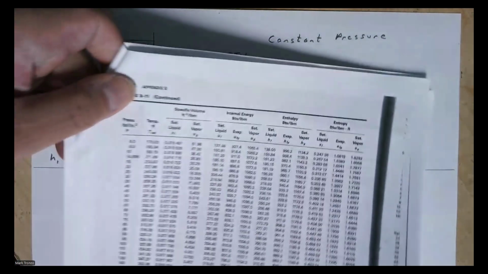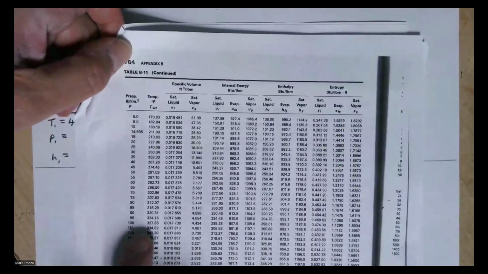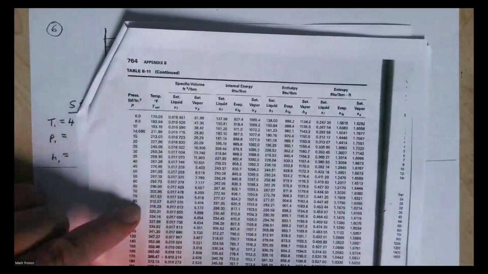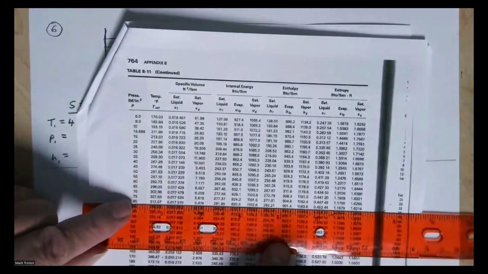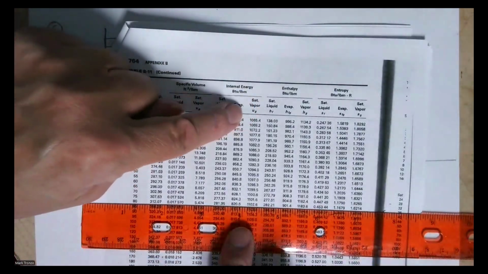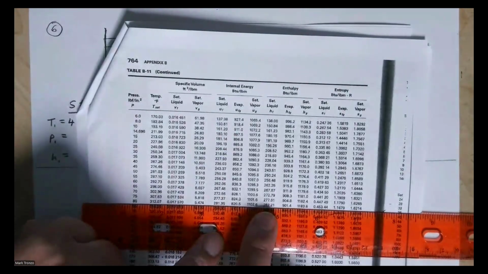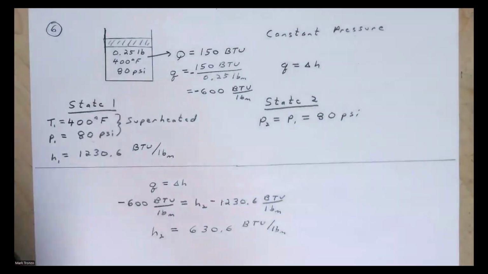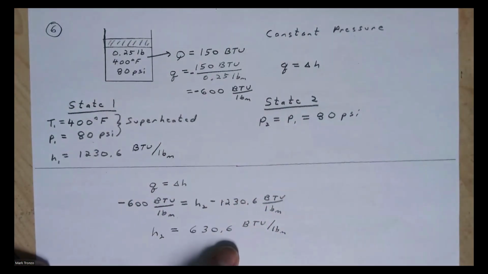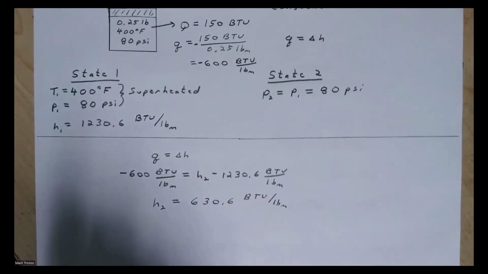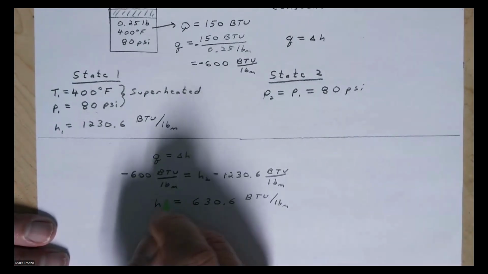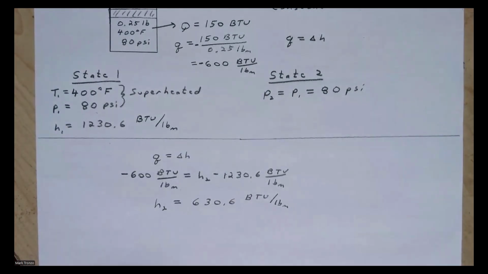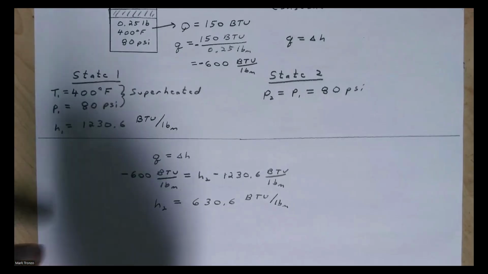In my chart, it's chart B11. We'll look under 80 psi, and we'll see what the range is for enthalpy. For enthalpy, HF is 282, HG is 1183. So this falls right in between there. When we put this together with our pressure, after looking at our table, it indicates it's a saturated mixture.